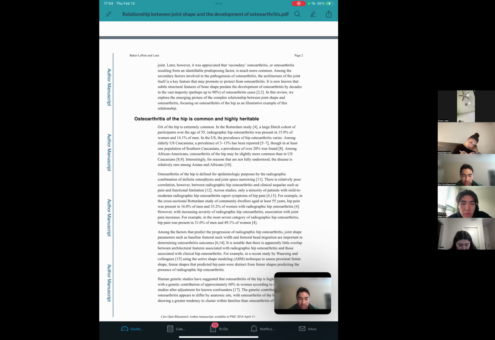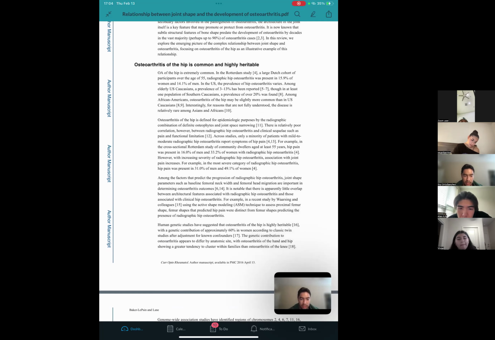It is noticeable that there is apparently little overlap between architectural features associated with radiographic hip osteoarthritis and those associated with clinical hip osteoarthritis. For example, in a recent study by Waarsing and colleagues, using the active shape modeling (ASM) technique to assess proximal femur shape, femur shapes that predicted hip pain were distinct from femur shapes predicting the presence of radiographic hip osteoarthritis.